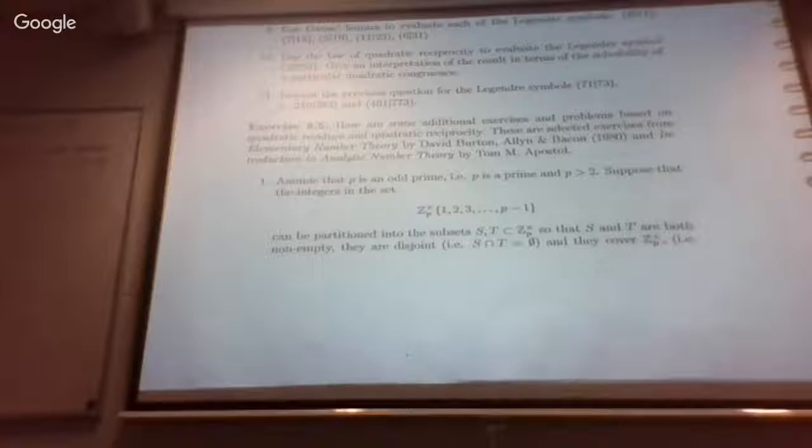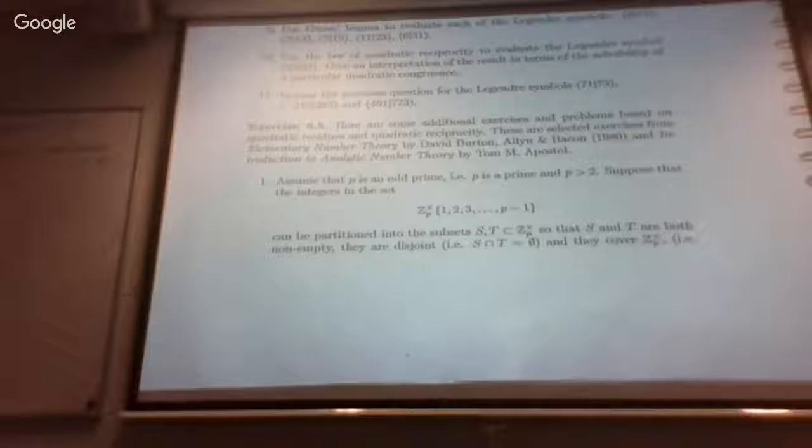I think they're called S and T. So we suppose, what if you could partition the elements of Z_p into one set S, one set T, and they don't overlap, they're completely disjoint, and for every pair of elements S1 and S2 in S, the product S1 S2 is again an S. For every pair of elements T1 and T2 in T, the product T1 times T2 is again an S. This is the multiplicative structure that residues and non-residues have.